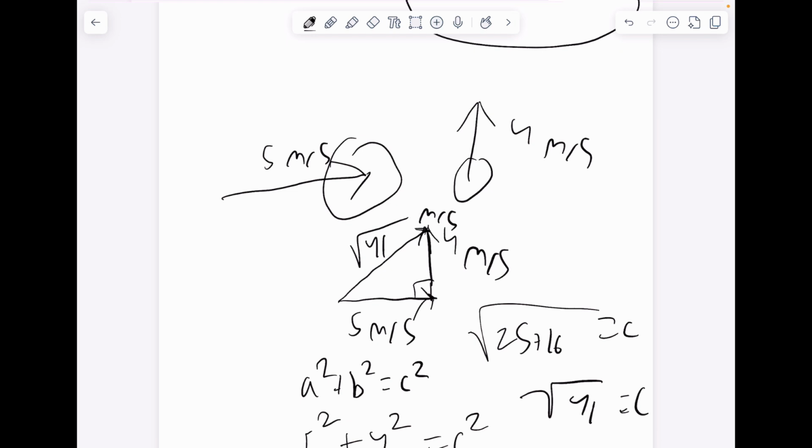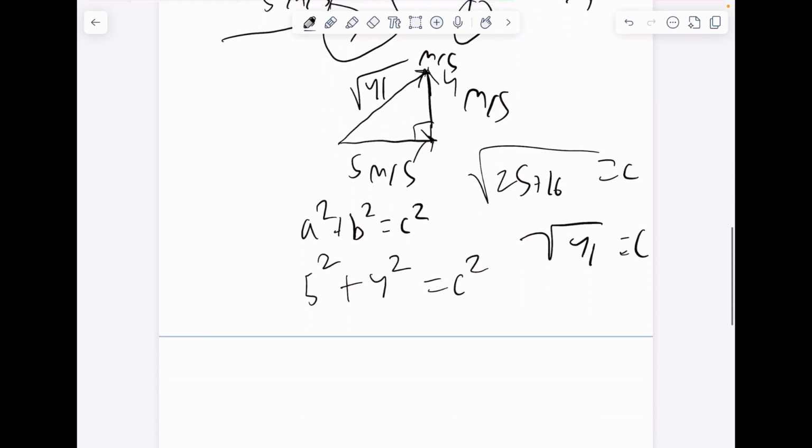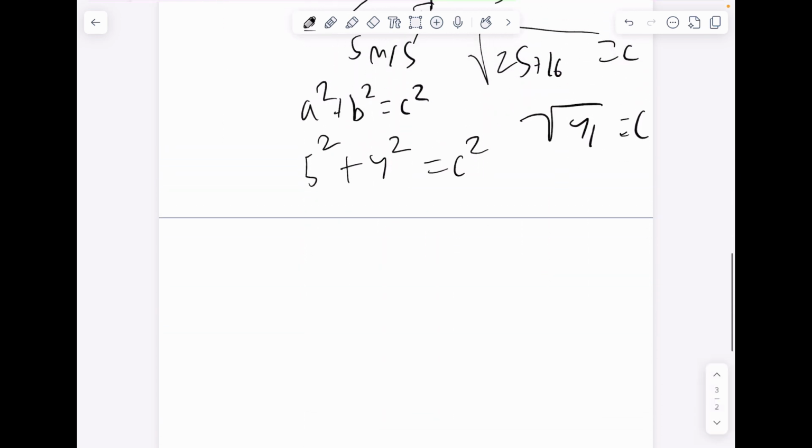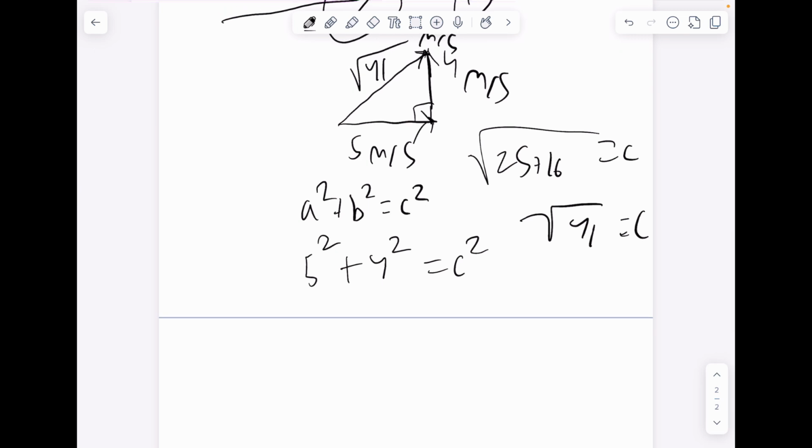It's important to note that we can do this with any sort of vector, like displacement or acceleration. The best way to solve problems that deal with motion in 2 dimensions is to split them up into both x and y components. That's how my teacher taught me to do it a while back.